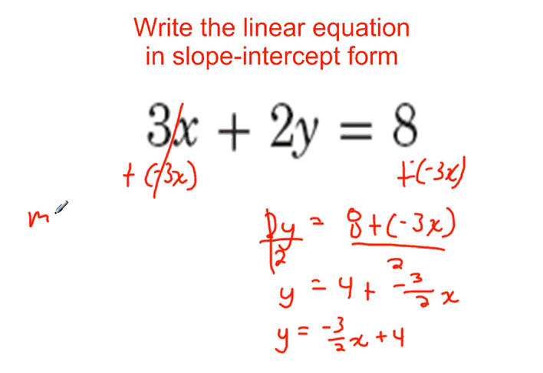Our slope then is negative 3 over 2. Our y-intercept is going to be 4. And the point at which the line crosses the y-axis is going to be (0, 4). I hope this helps you with slope-intercept form.